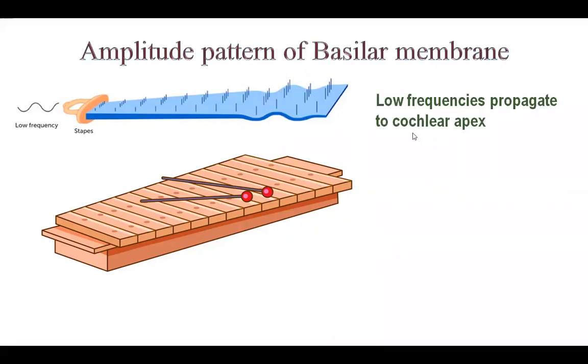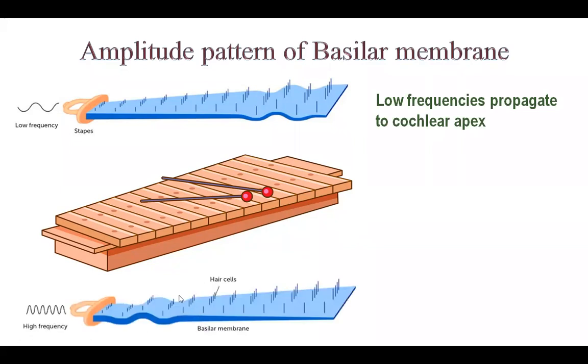Near the short bar you have high frequencies. So the basilar membrane will respond to higher frequencies near the base. We can say the lower frequencies will propagate across the basilar membrane to reach the cochlear apex, whereas the high frequencies will culminate at the base.